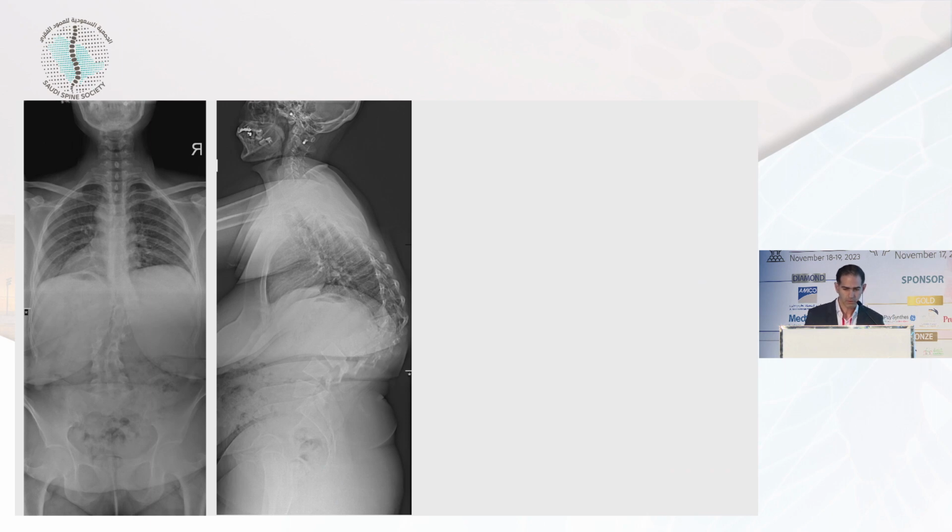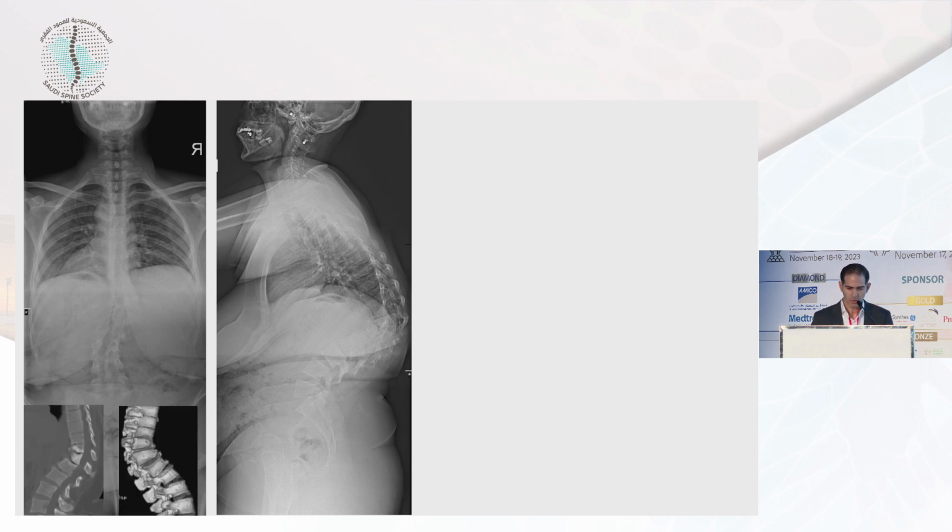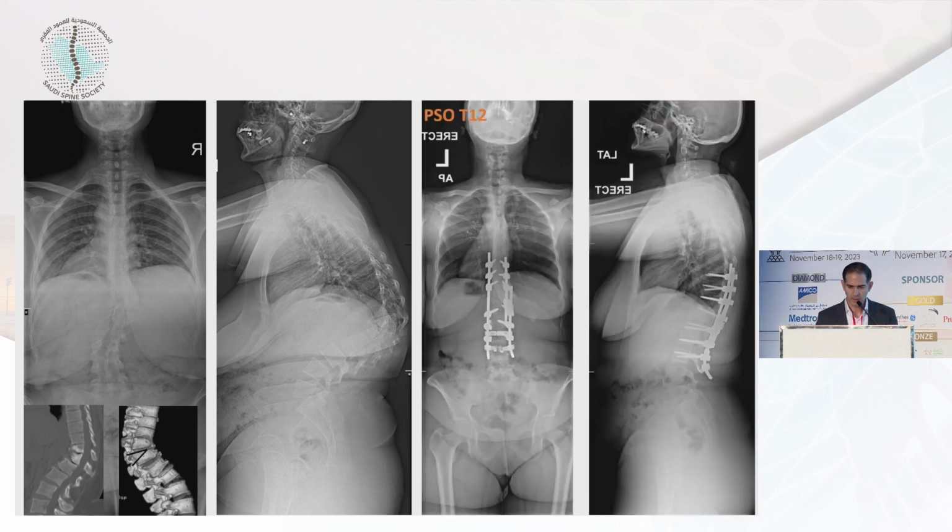This is a lady in her 40s who's been complaining of low back pain for several years and also difficulties in walking. She has this kind of wedge vertebra with anterior aplasia in 2 levels. And so in this case, a pedicle subtraction osteotomy at T12 was done. As you can see, she has a convexity of the deformity on the right side.